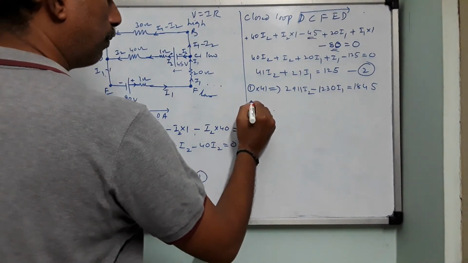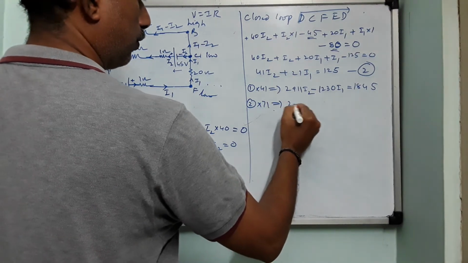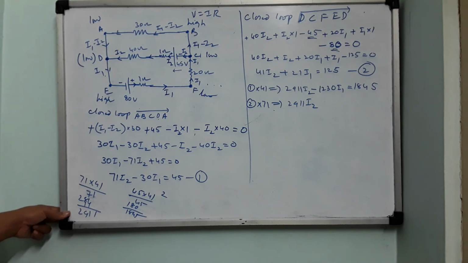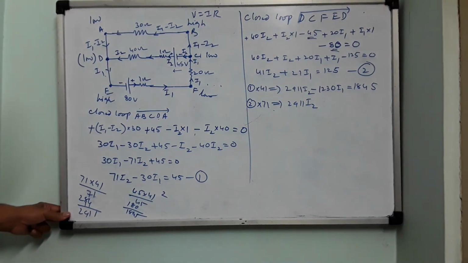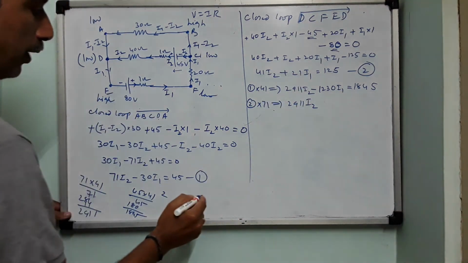Now the second should be multiplied by 71. This gives rise to 2911 I2 because the same thing will go. Fine. Now 21 multiplied by 71.